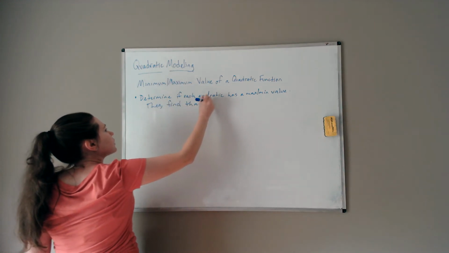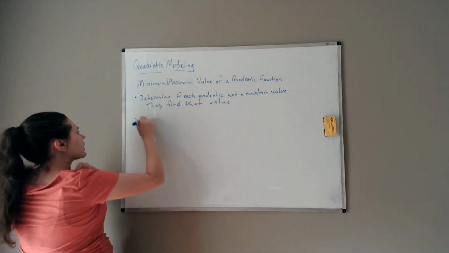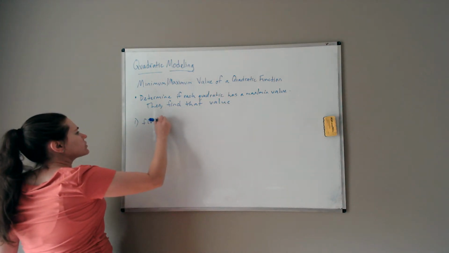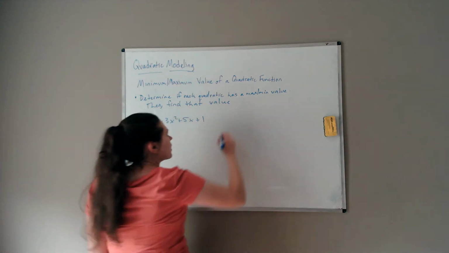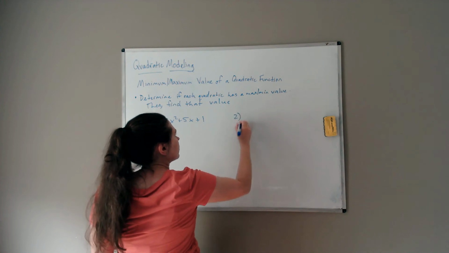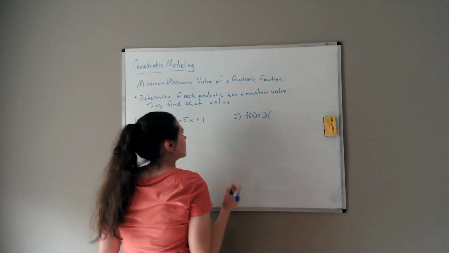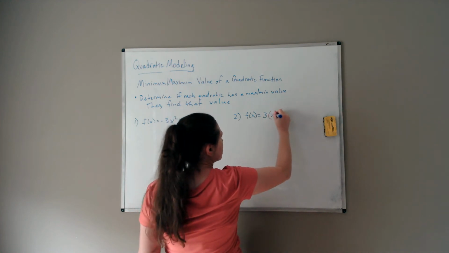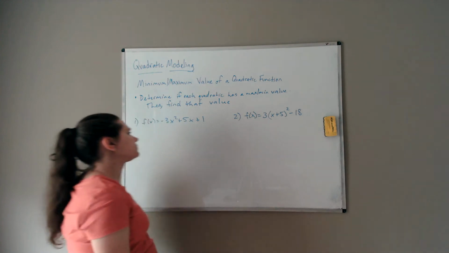So we'll do two problems. Number 1 will be f of x equals negative 3x squared plus 5x plus 1. And number 2 will be f of x equals 3 times (x plus 5) squared minus 18.